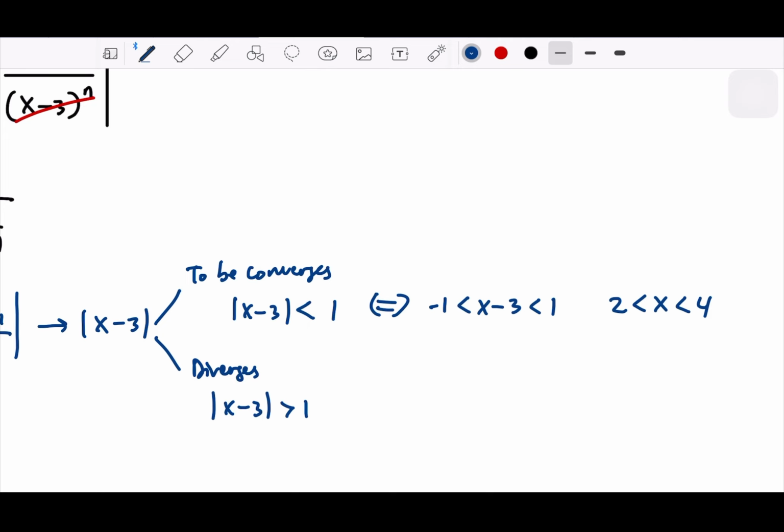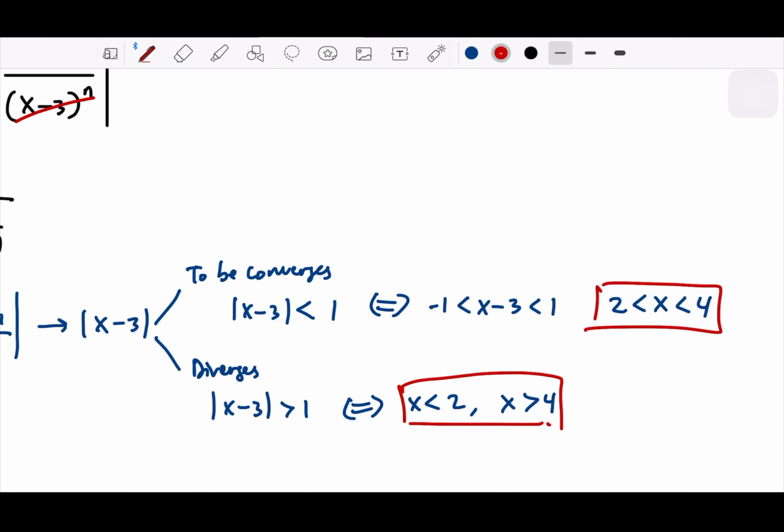And most of the time, we use the ratio test. So this diverges when x is less than 2 and x is greater than 4. So we have these two categories of convergence.